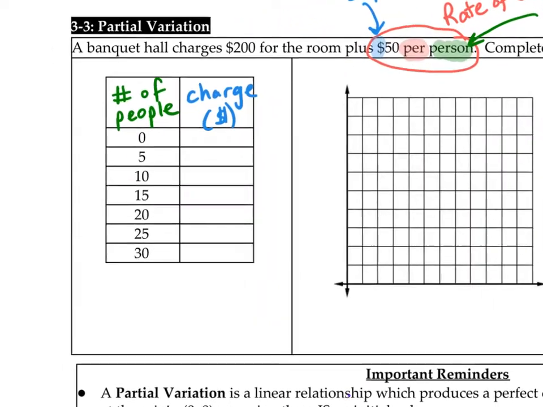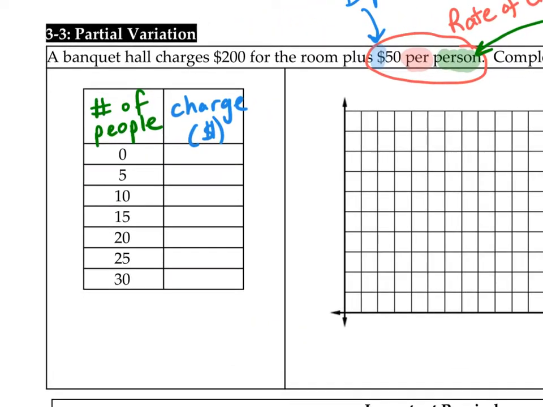So now what we need to do is to figure out what the charge is for each of those number of people. So the charge becomes $50 per person, so it's $50 times the number of people, but it is also $200 just for the room. So if there was no people, you would still be paying $200 for the room.